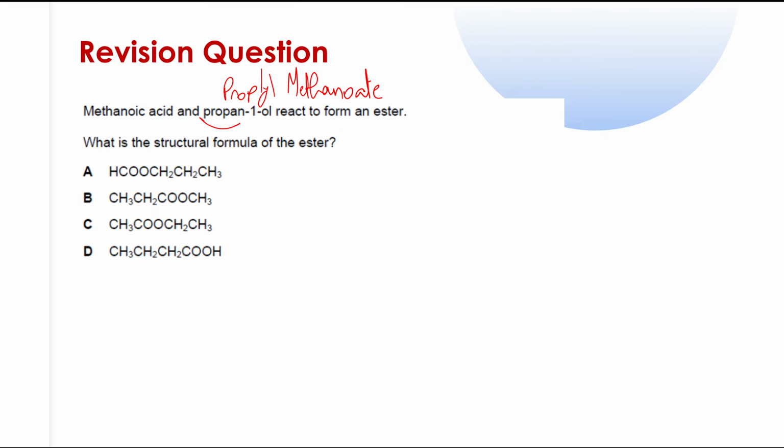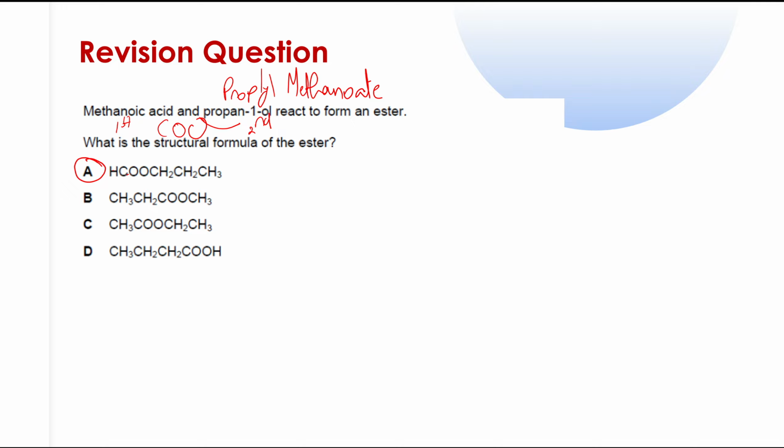What will be the structural formula? The acid part comes first, the alcohol part comes second, and the ester linkage is in between. Methanoic means it has one carbon only, and this carbon is attached to hydrogen. So the acid part is this one. Therefore, the answer is A.